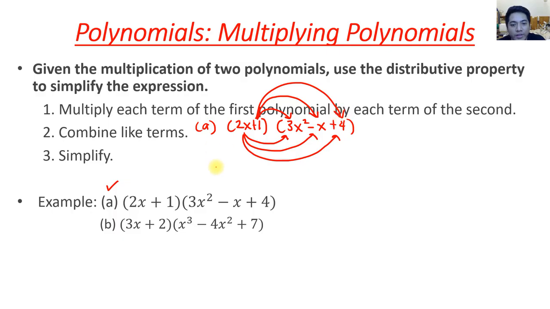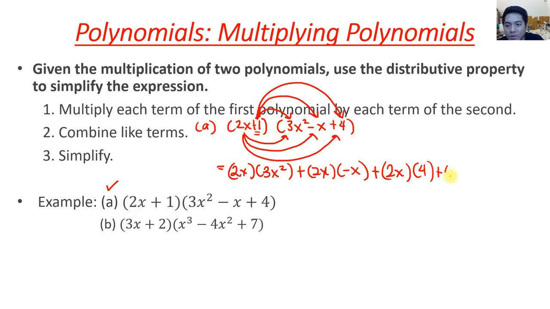Okay, so first, we distribute for 2x. So we have 2x times 3x squared. Okay, and then we have plus 2x times negative x. Okay, then we have plus 2x times positive 4. And then, second term times 1.